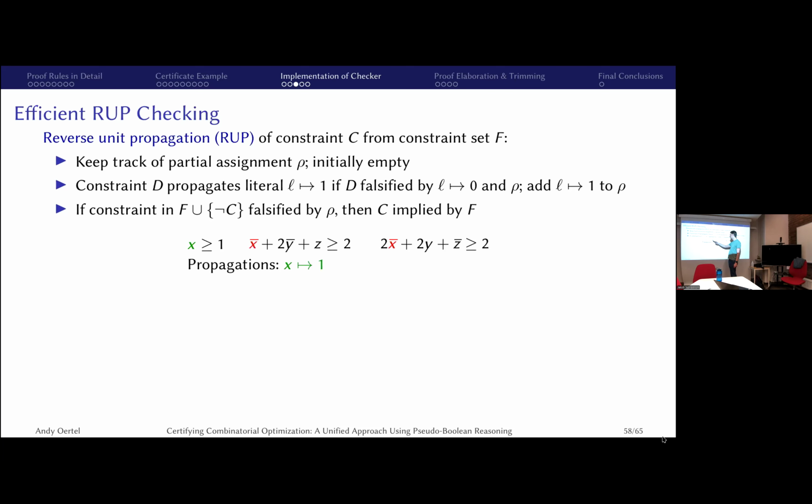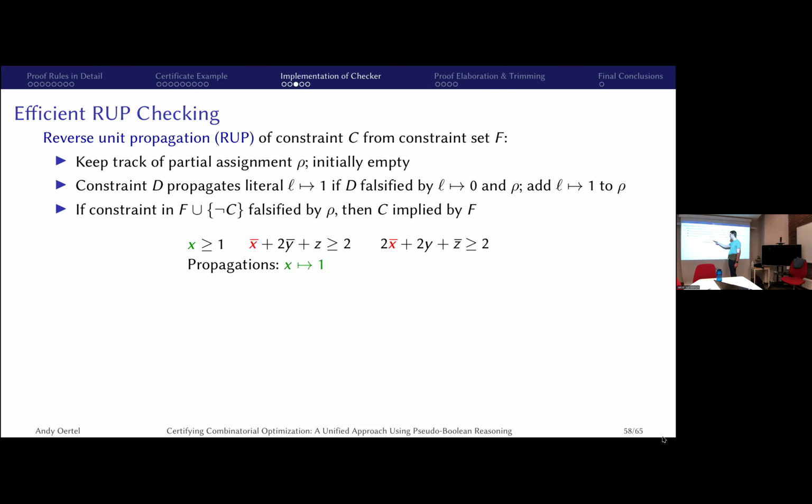If y would be set to 1, then this second constraint would be falsified. So y has to be false or 0. Now looking at the last constraint, we see that the first term is 0 and the second term is 0, so there is just no way to satisfy the greater-or-equal, and our variables are between 0 and 1. So this third constraint is falsified and we have a conflict.